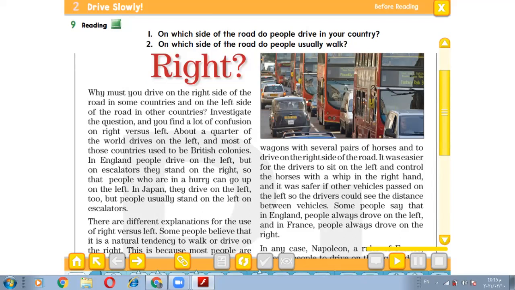In England, people drive on the left, but on escalators they stand on the right, so the people who are in a hurry can go up on the left.